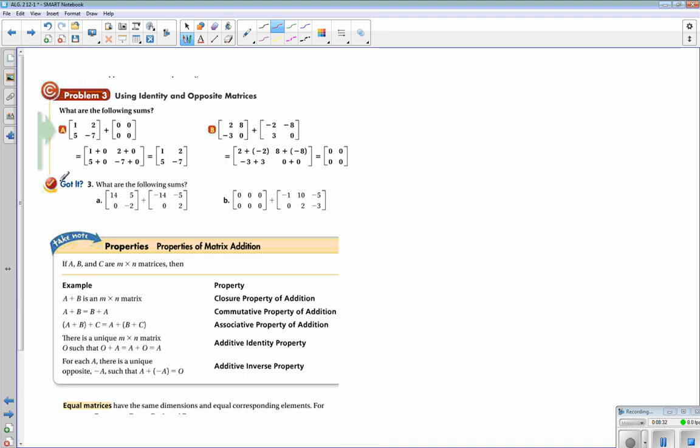All right, so we're going to use the identity and opposite matrix, and just to let you know, the identity matrix is 0, and the opposite matrix is when you change the signs of everything in your matrix.